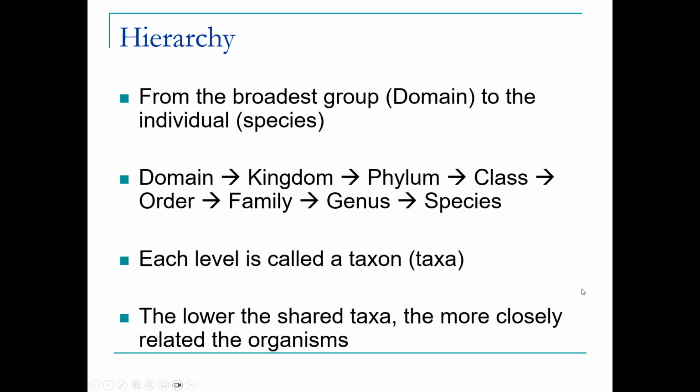The basic hierarchy, or taxonomic scheme, goes from very, very broad all the way down to very specific. Hopefully you remember this from freshman year. There are some mnemonic devices like Dashing King Philip came over from Great Spain, or Daring King Philip came over for grape soda, or something like that.